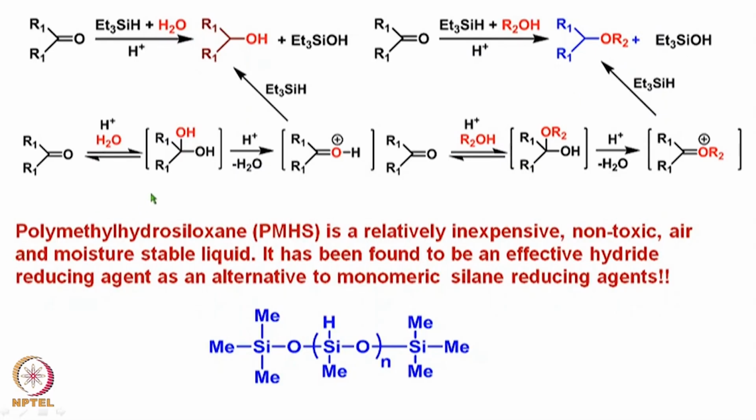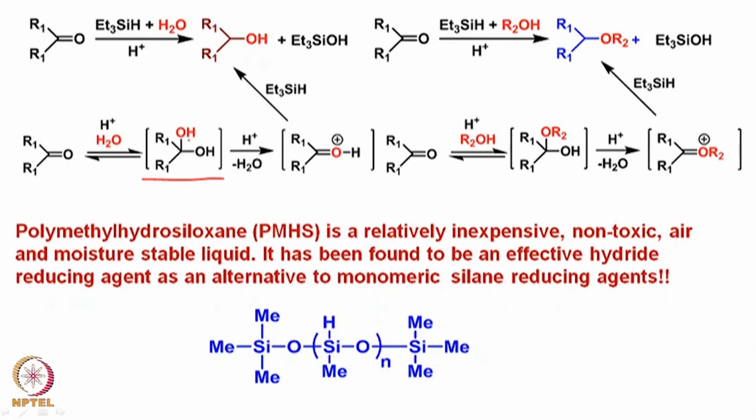The way it has been perceived or rationalized is that the ketone under acidic condition gets first protonated, and the water attacks onto this particular carbon atom, and then one forms the geminal dihydroxy compound, which is unstable. Of course it will be in equilibrium with the ketone.